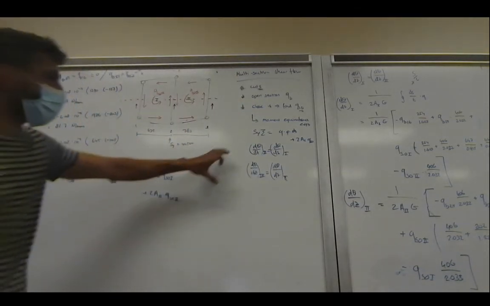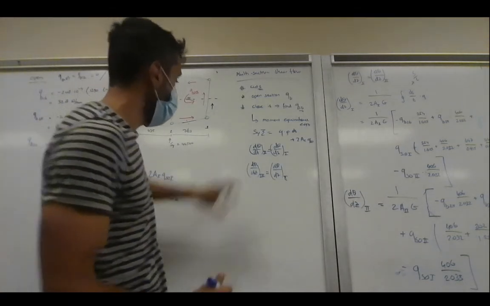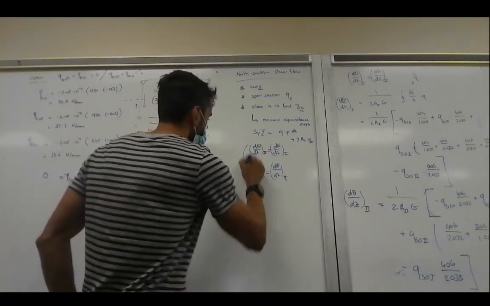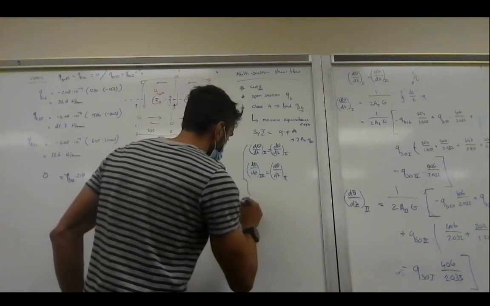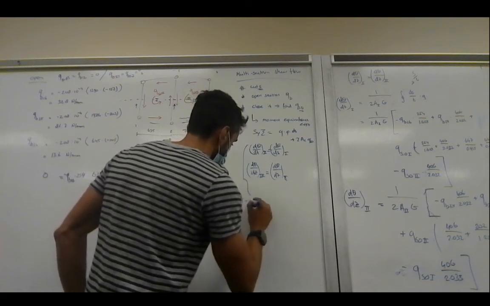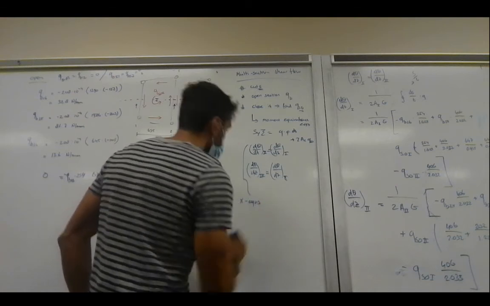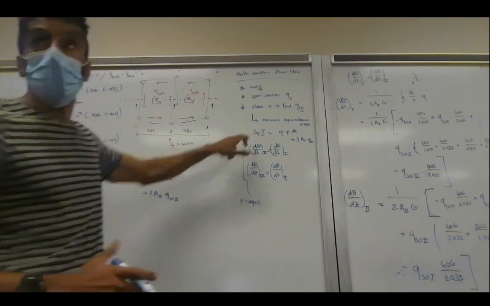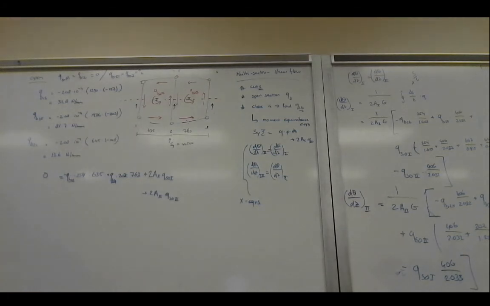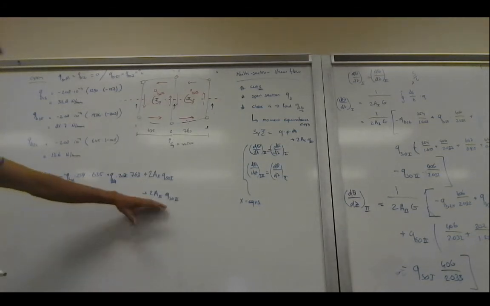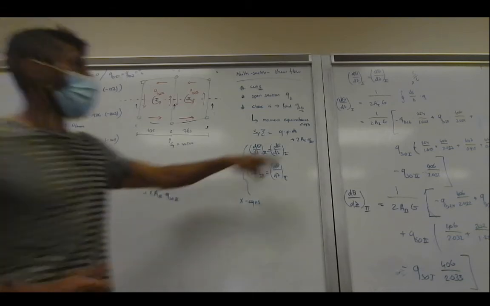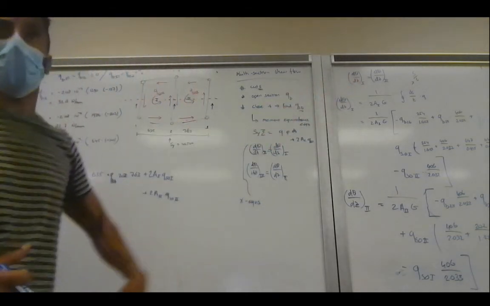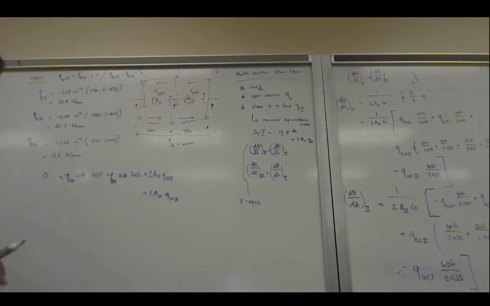So what these rate of twist equations do is give you a number of extra equations to solve the moment equivalence equation. Because now we look at it, we have 1 equation, 2 unknowns. We add this to it, it becomes 2 equations, 2 unknowns, and we can solve for it.